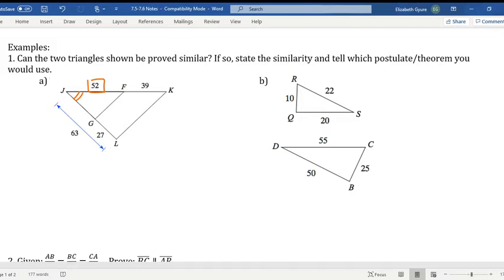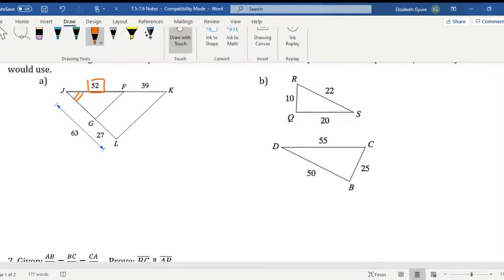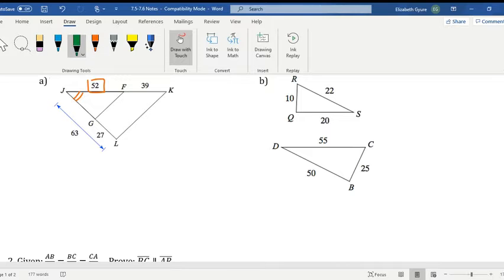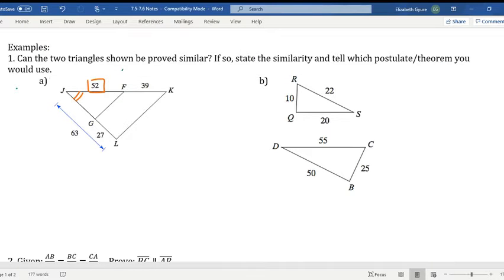Now, when you write your proportion, something to be careful of is you're comparing one triangle to the other triangle. So you want to take 52 and put it in a ratio with the corresponding side of the other triangle, which in this case would be 91, because you would need to add these measurements together.